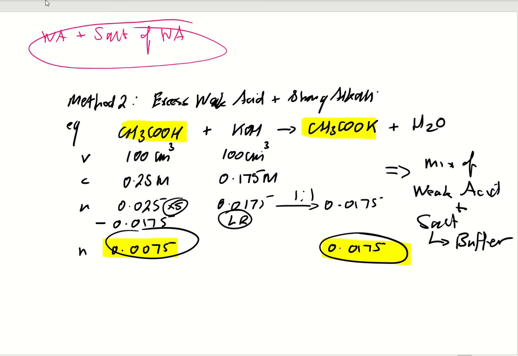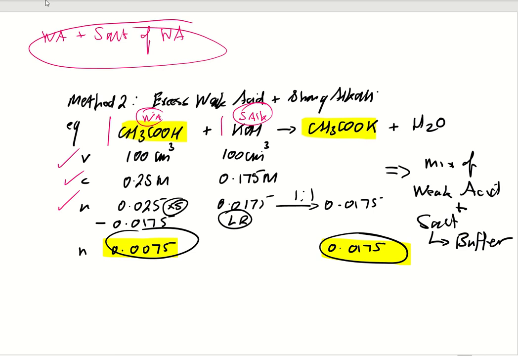So I said we've got ethanoic acid, which is of course our weak acid, and we've got potassium hydroxide, which is of course our strong alkali. We've got the same volume of both, that's our concentration of both, and that's our moles of both. So you can see they're reacting in a 1-to-1 ratio. You've got 0.025 moles of the ethanoic acid, and you've got 0.0175 moles of the potassium hydroxide.